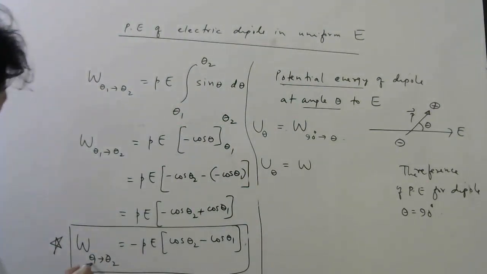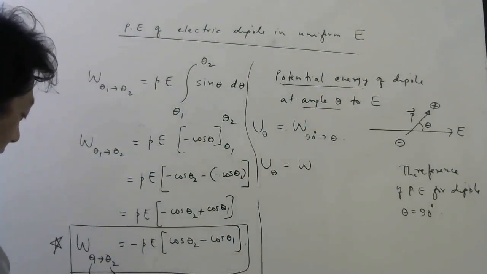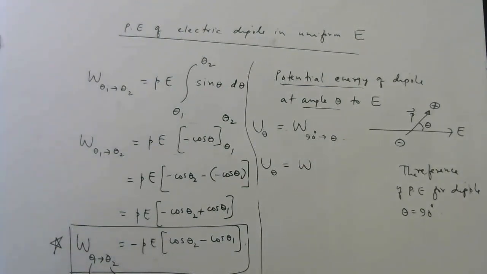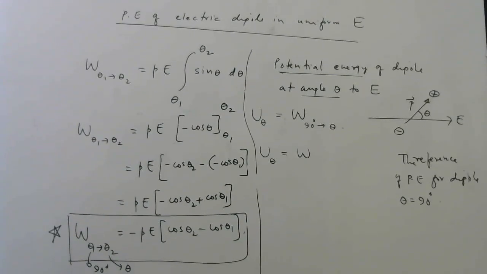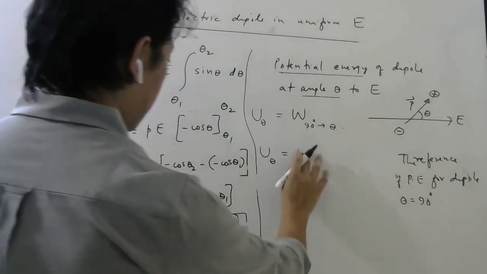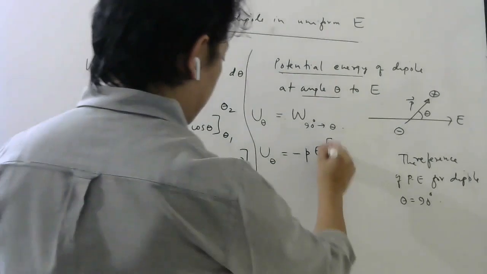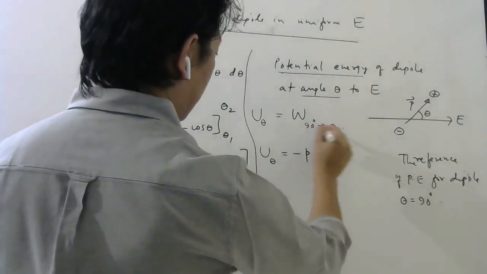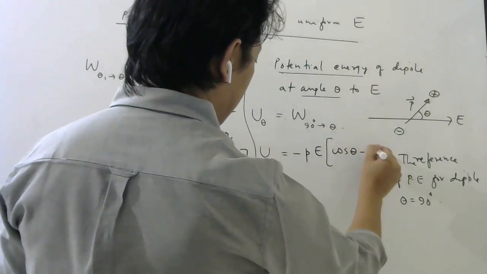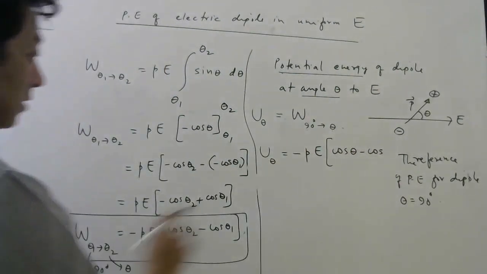So for this case, the first angle, theta 1, is 90 degrees, and the second angle, theta 2, is theta. So it will be minus PE times cos theta 2 minus cos theta 1, that is, cos theta minus cos theta 1. This is your theta 1, the first angle, so 90 degrees.